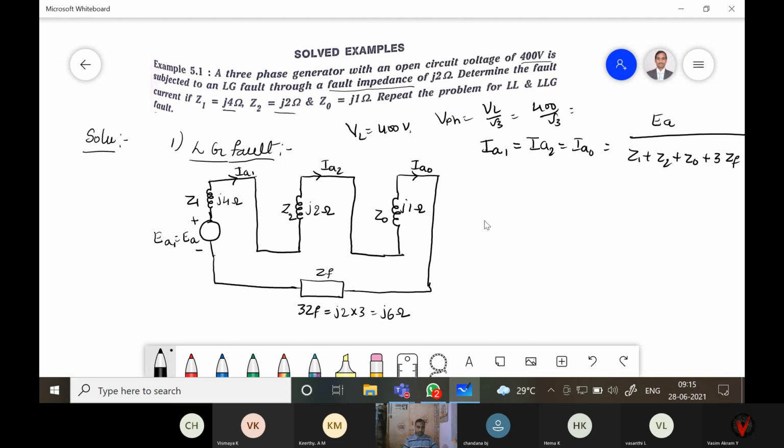So EA is equal to 400 divided by root 3 at an angle 0, divided by j, which is common in all the impedances, 4 plus 2 plus 1 plus 6 ohm. So calculate it, how much it is.